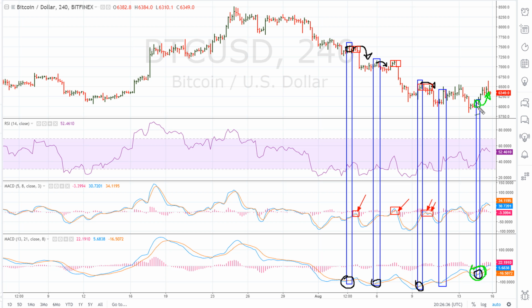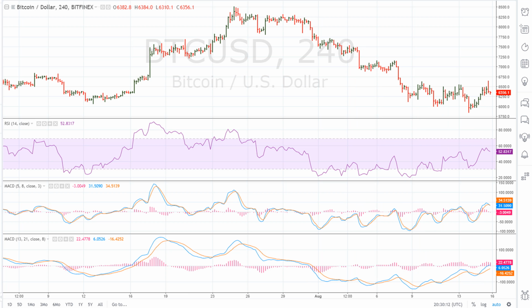Now, what's the difference between this current move here, this crossover, and this little uptick over the last day or so? A couple of observations. Notice here we move above zero and we are still above zero. Another reason is, and I talk about this in my MACD series, you have to be aware of where the MACD is trading.